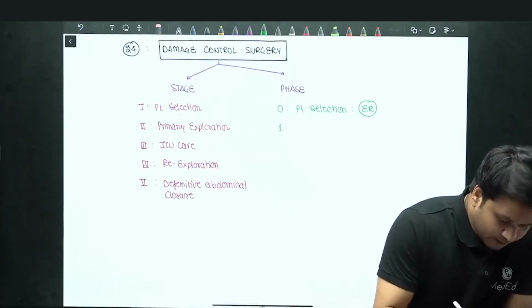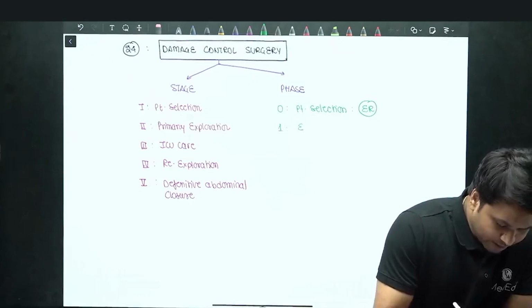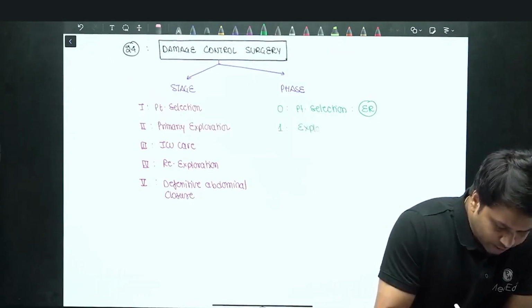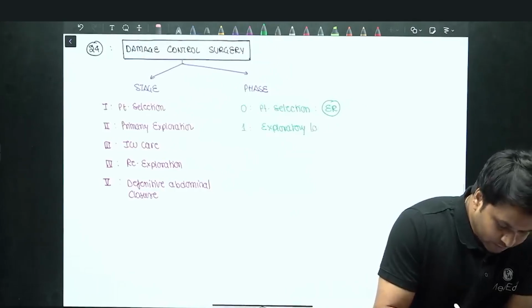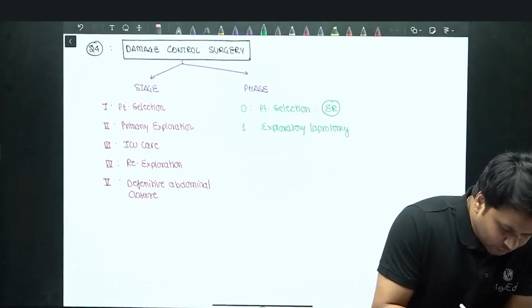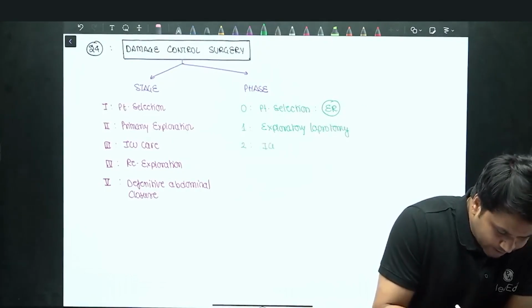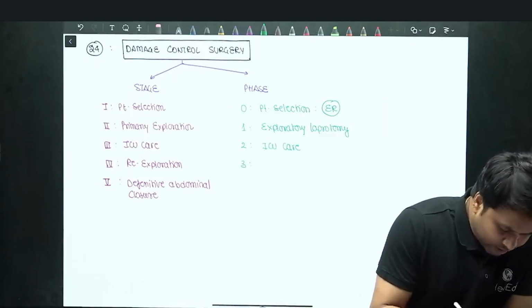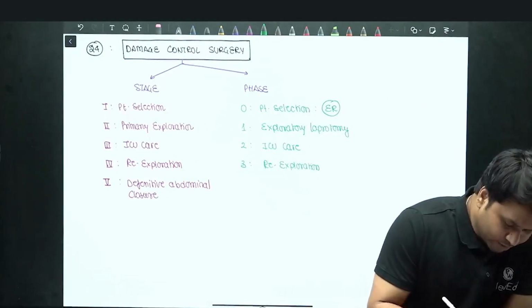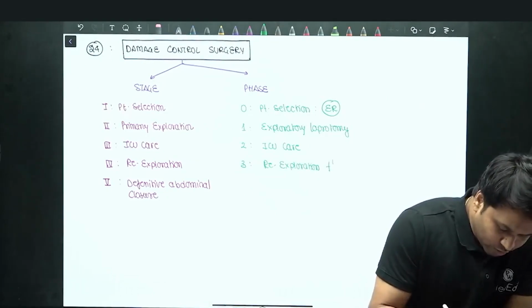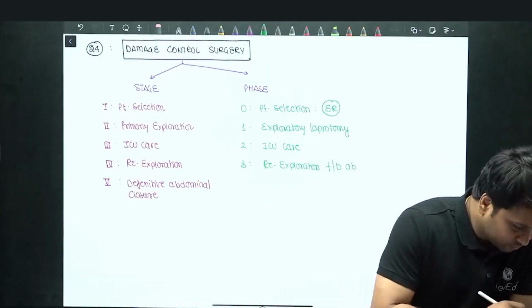Now in phase 1, I'll take the patient for primary exploration or exploratory laparotomy. Then we go to phase 2. Phase 2 is your ICU care. Then you have phase 3, which is re-exploration, followed by abdominal closure.